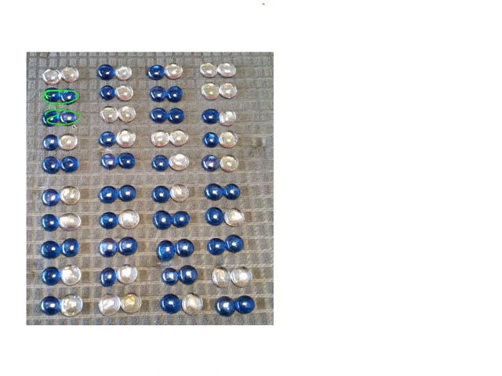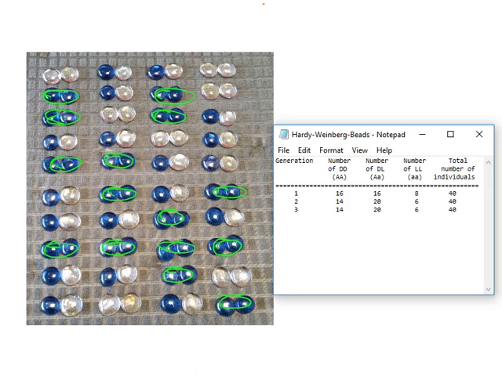Homozygous dominant, 15 this time. So generation 4 has 15 homozygous dominant.